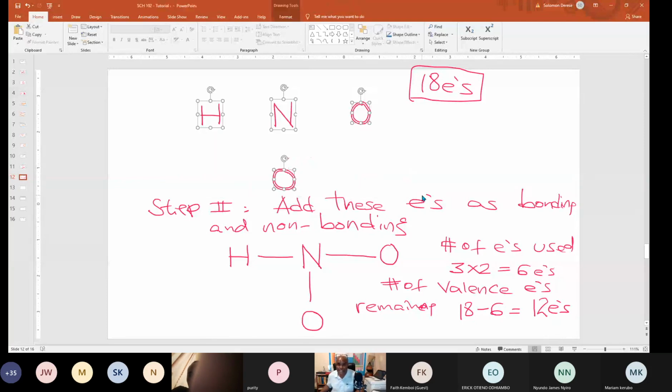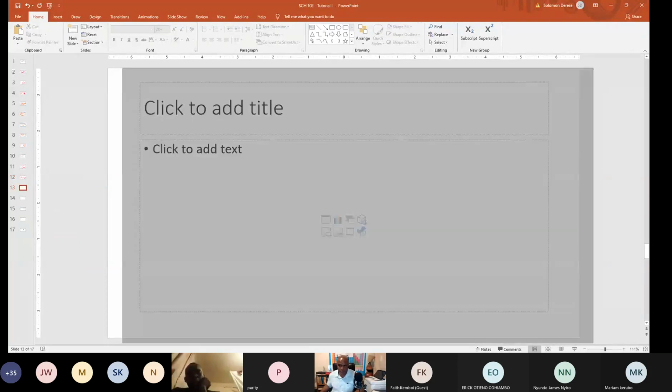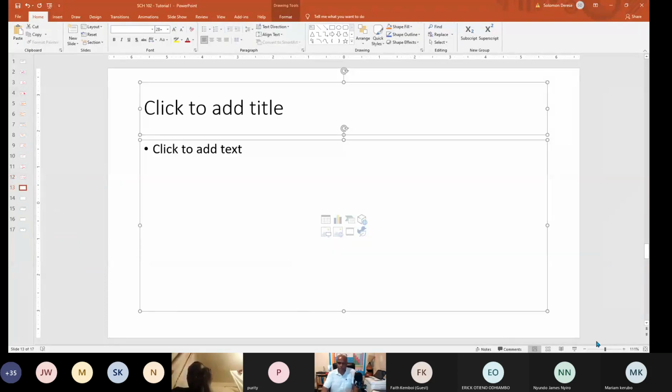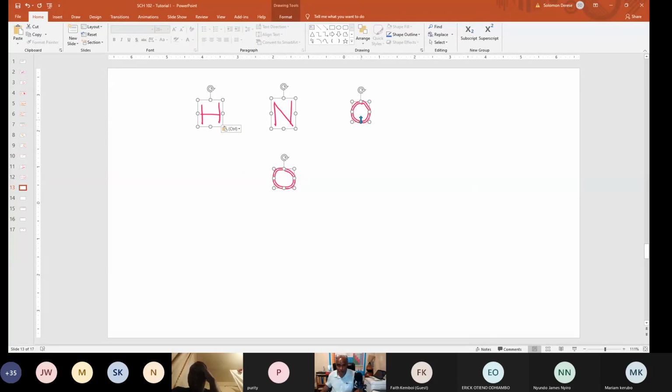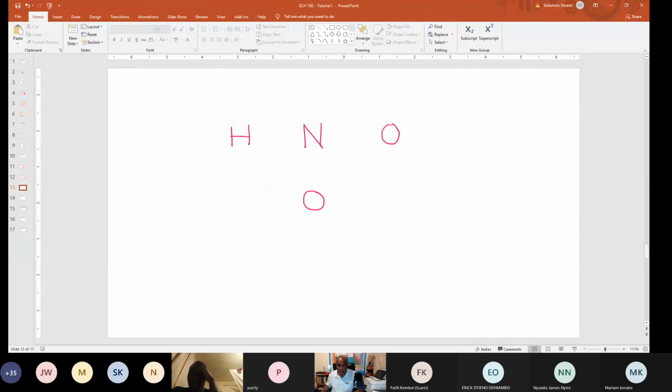So now we'll use the remaining 12 electrons as lone pairs first. We have formed a bond like this, and now we have 12 electrons remaining.